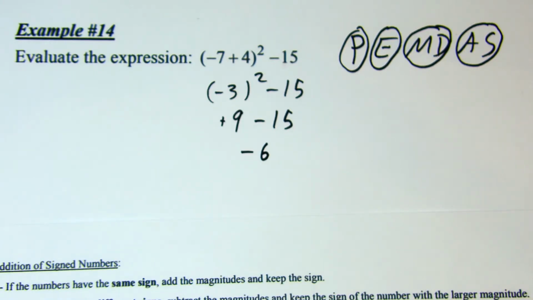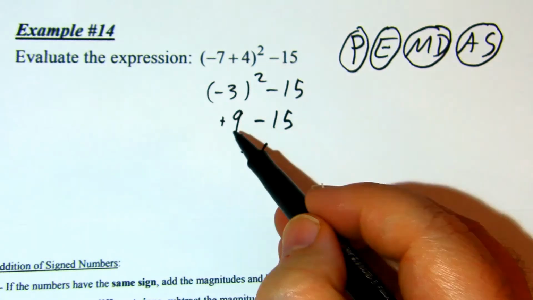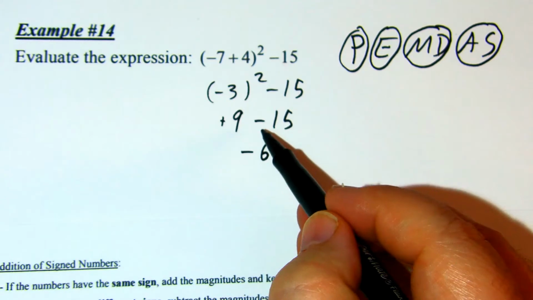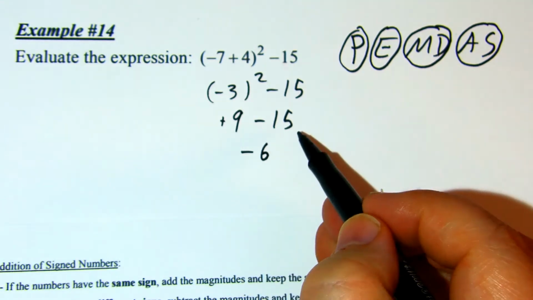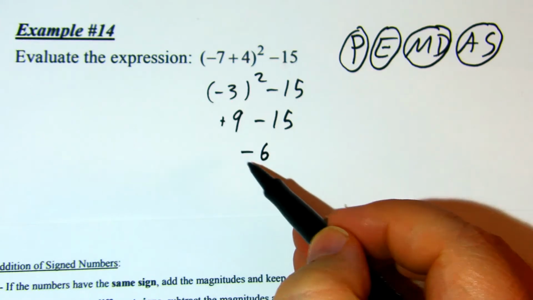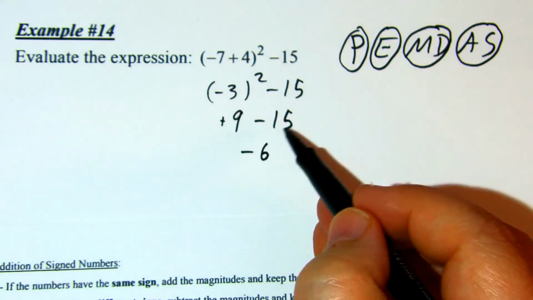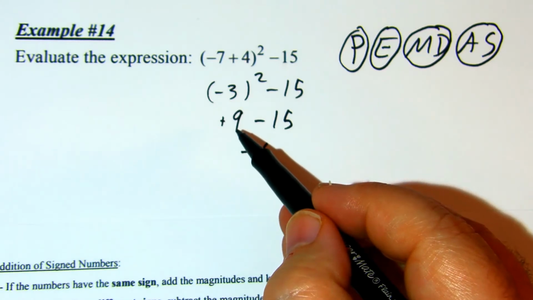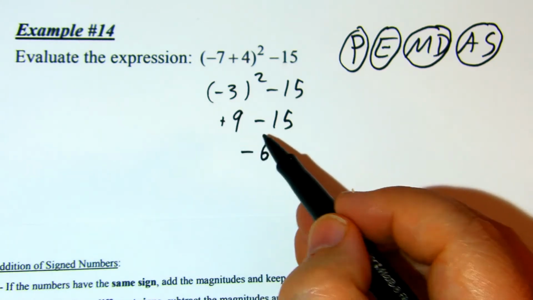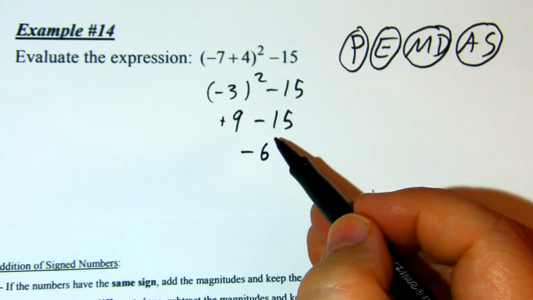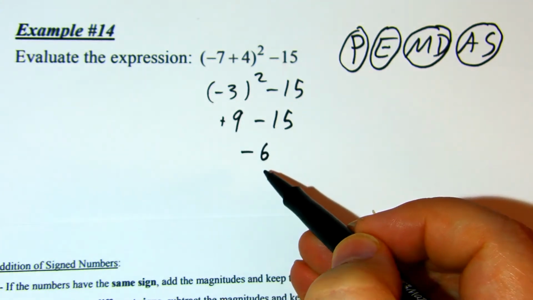But let me just give some everyday life examples. If I have $9 in my checkbook and I write a check for $15, it's going to bounce by $6. I'm $6 short to be able to write that check. Or if it's 9 degrees above 0 outside, and it gets 15 degrees colder, we subtract 15 degrees, we're going to be at 6 below. Okay?